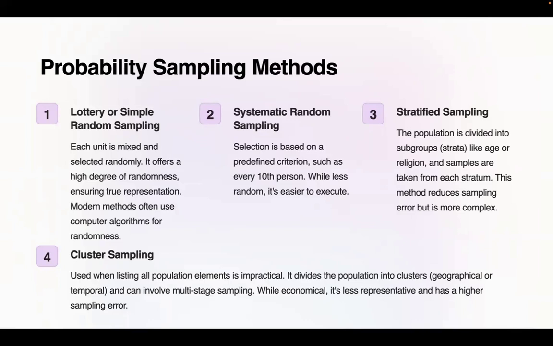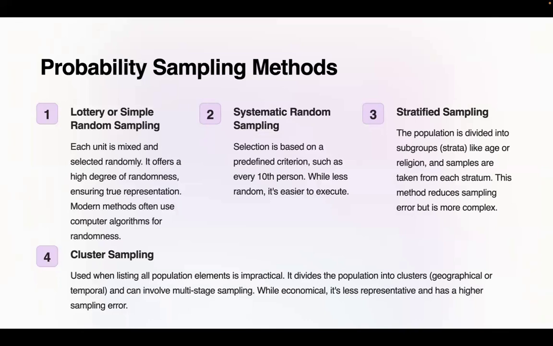The fourth type is cluster sampling. In this, when listing of population elements is impractical, it divides the population into clusters. It can be based on time, temporal, or it can be geographical. Geographical means people of Bihar will be clubbed, people of Tamil Nadu will be clubbed, people of Rajasthan will be clubbed.